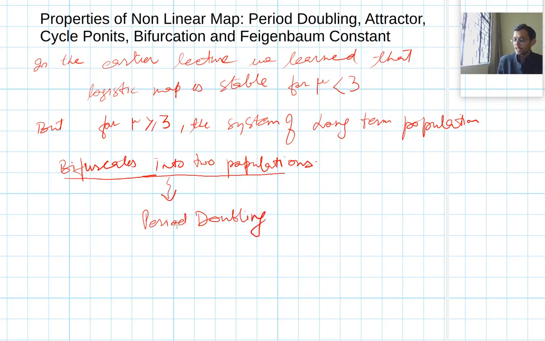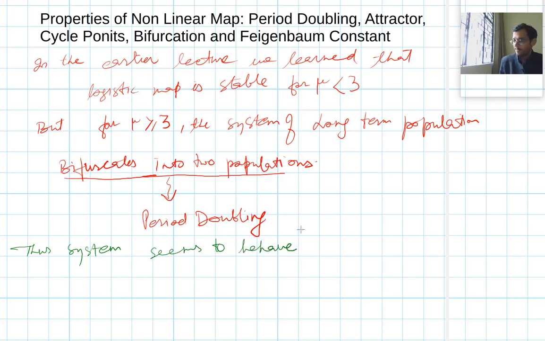Right? The system seems to behave like that.